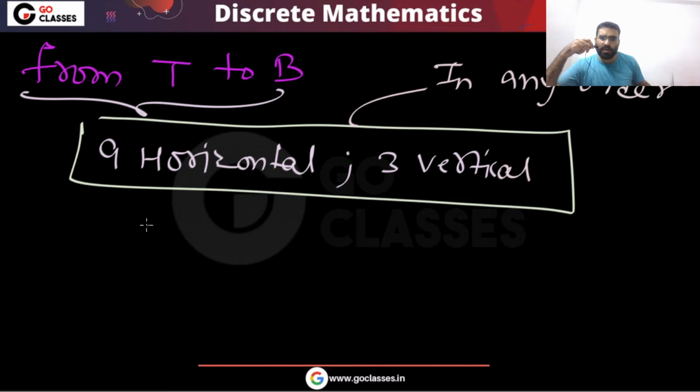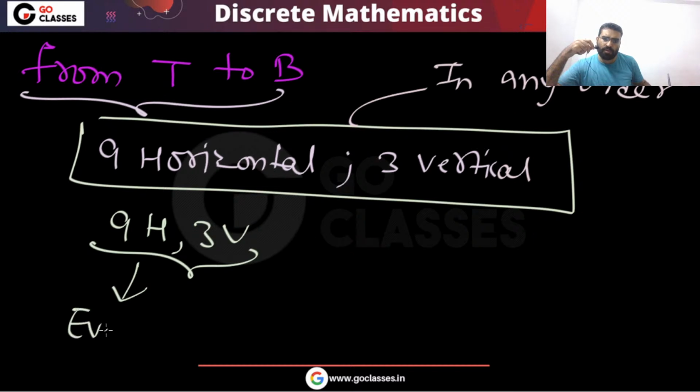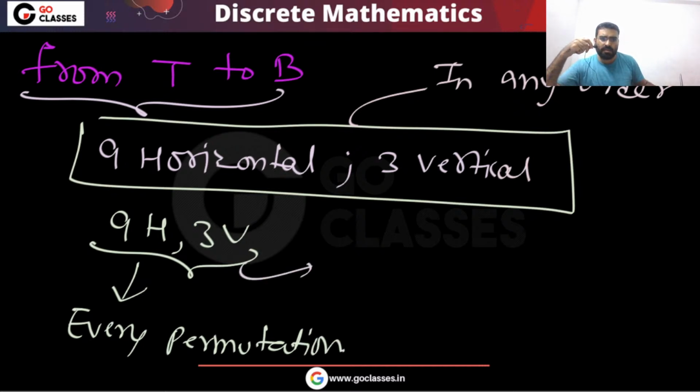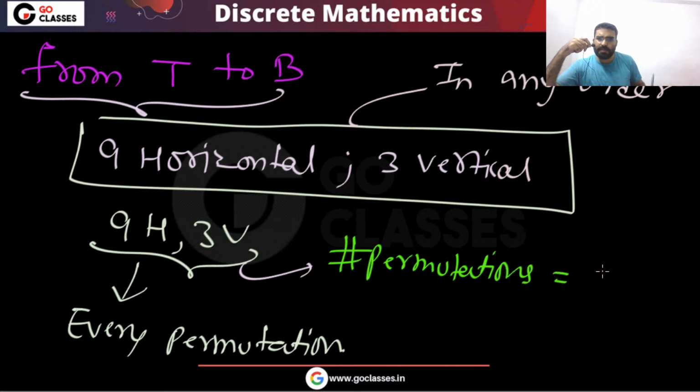So what will the final answer be? There are 9 H's and 3 V's, so we have to count every permutation of 9 horizontal steps and 3 vertical steps. The number of permutations is 12 factorial divided by 9 factorial times 3 factorial.